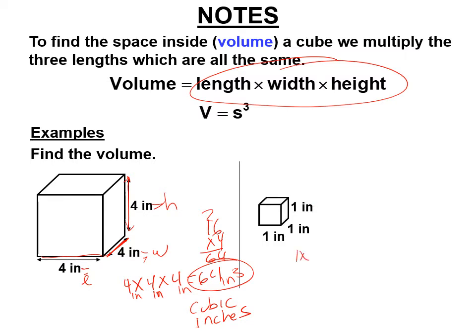Well, 1 times 1 times 1 is 1. This is 1 cubic inch. I did not draw it to scale, but how many of those would fit in there? Well, 64 would fit in there because the one on the left is 64 cubic inches big. That means 64 of those 1 inch by 1 inch by 1 inch cubes fit inside.